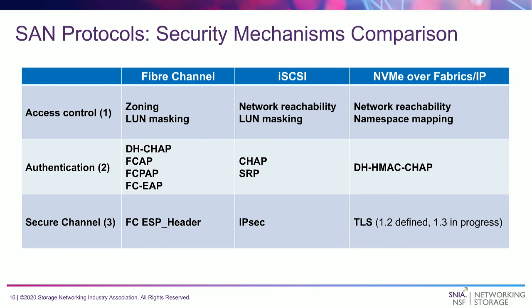As authentication protocol, there is only one protocol defined for NVMe over Fabrics, DHCHAP, basically a CHAP protocol on steroids, much more enhanced to be able to cover many more security corner cases. And in terms of secure channels, TLS is what NVMe over Fabrics defines. TLS 1.2 is defined, and 1.3 is now in progress, and will be defined within a couple of months.